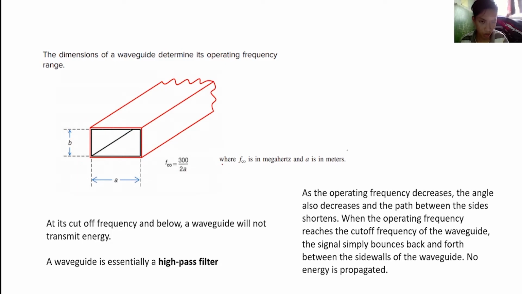As you can see in this formula, the only quantity responsible for the cutoff frequency is this A. A is in meters, and the cutoff frequency is in megahertz. In my next slide, I will give you the basis of this, but essentially the book simplified it so much that we have this cutoff frequency.